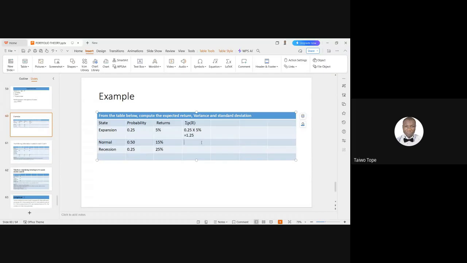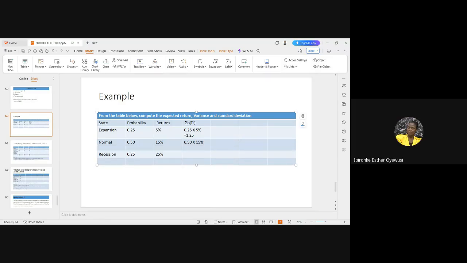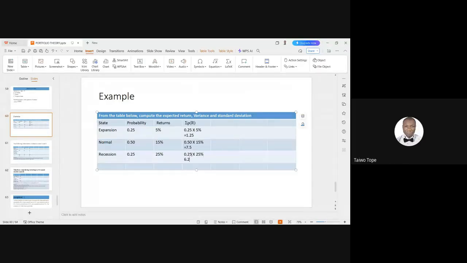When it is normal, 0.5 multiplied by 15%. 7.5. And for recession, 0.25 multiplied by 25%. 6.25. Now, what will be your R bar?